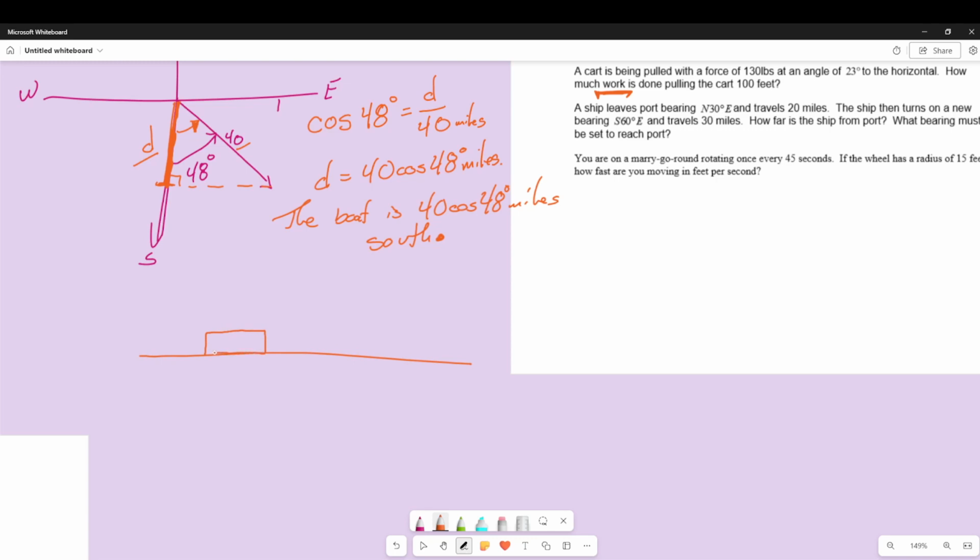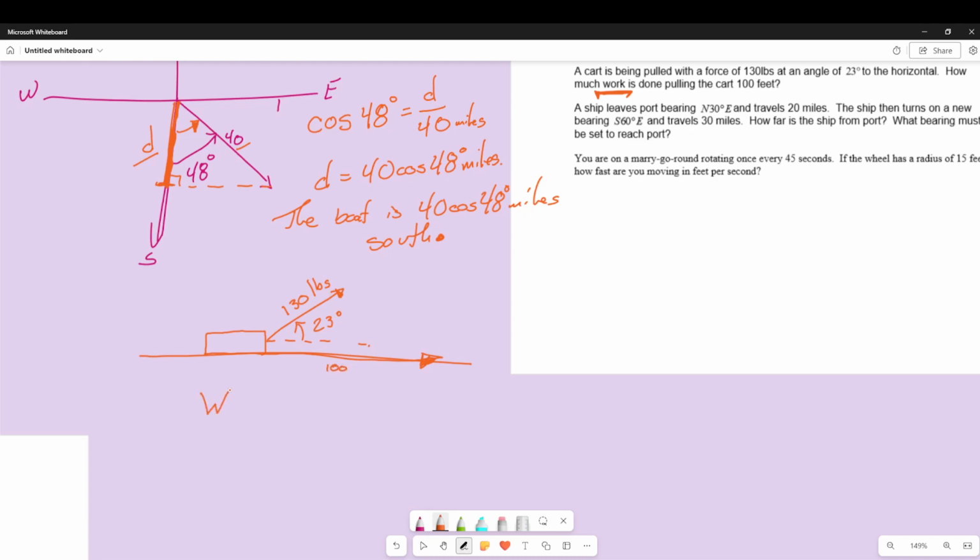So it's being pulled at an angle of 23 degrees to the horizontal, with a force of 130 pounds, and the cart is going 100 feet across the ground, 100 feet.